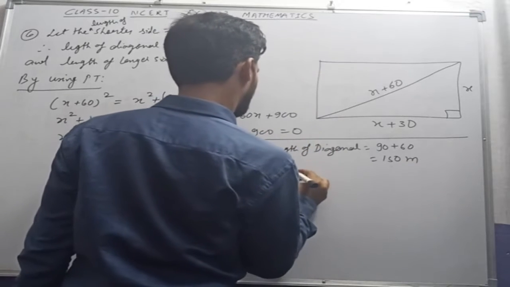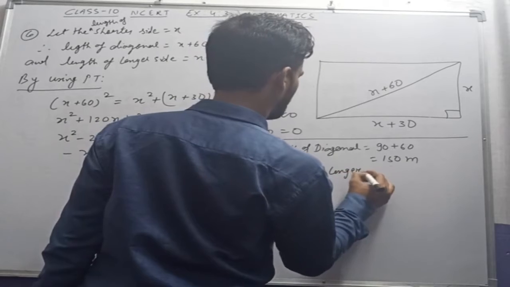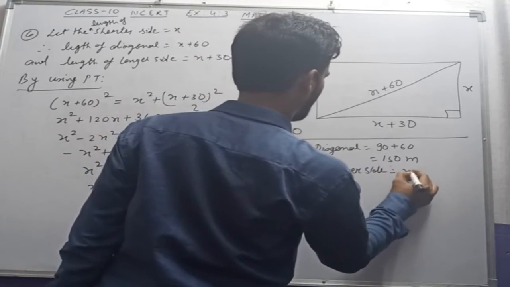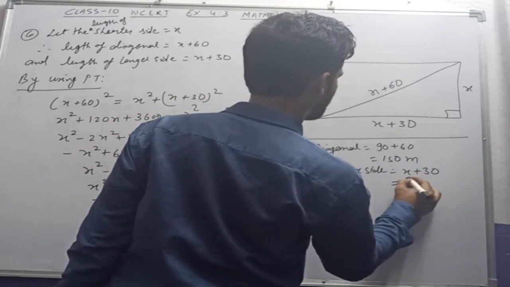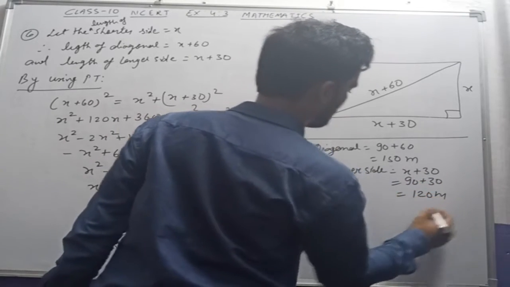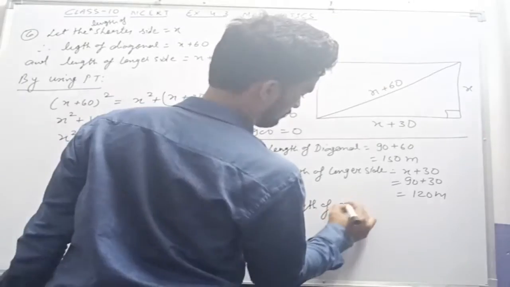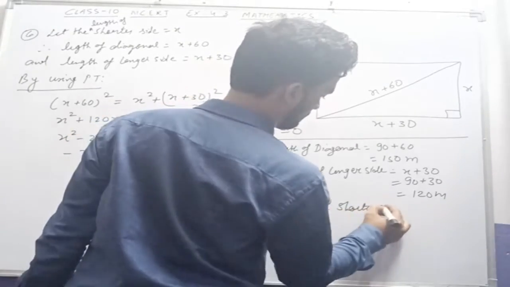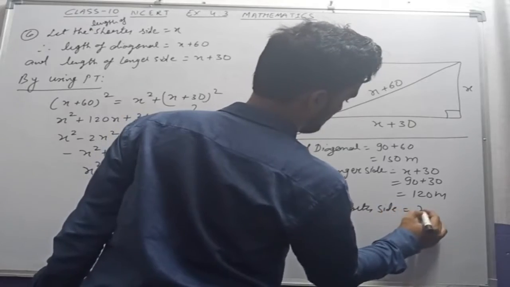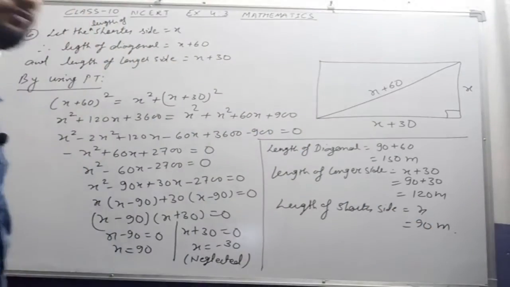Length of longer side is x plus 30, it means 90 plus 30, 120 meter. And length of shorter side is x, that is 90 meter. So this will be your final answer.